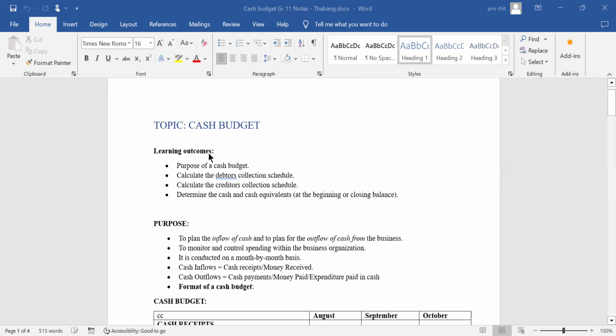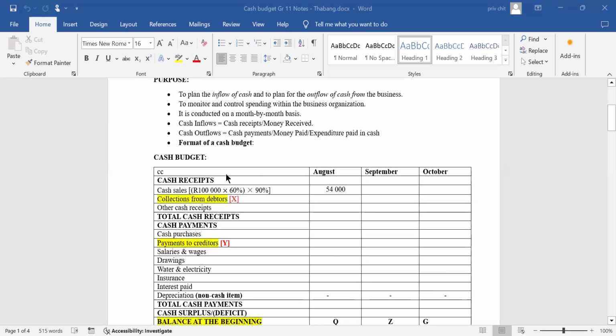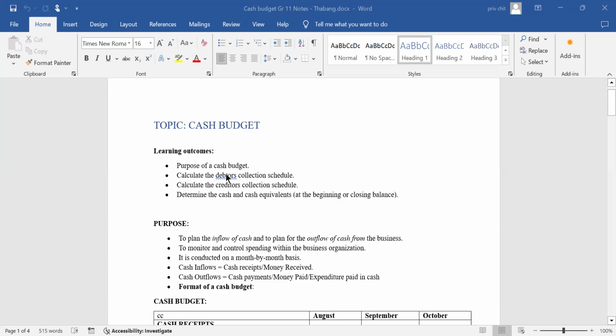So cash budget operates this way. First of all, you must be able to define the purpose of a cash budget in the context of an exam or a test. Then you must be in a position where you can draft the cash budget itself, which is what I'll illustrate from here. And then you should also be able to do some calculations that are conveyed in the cash budget.